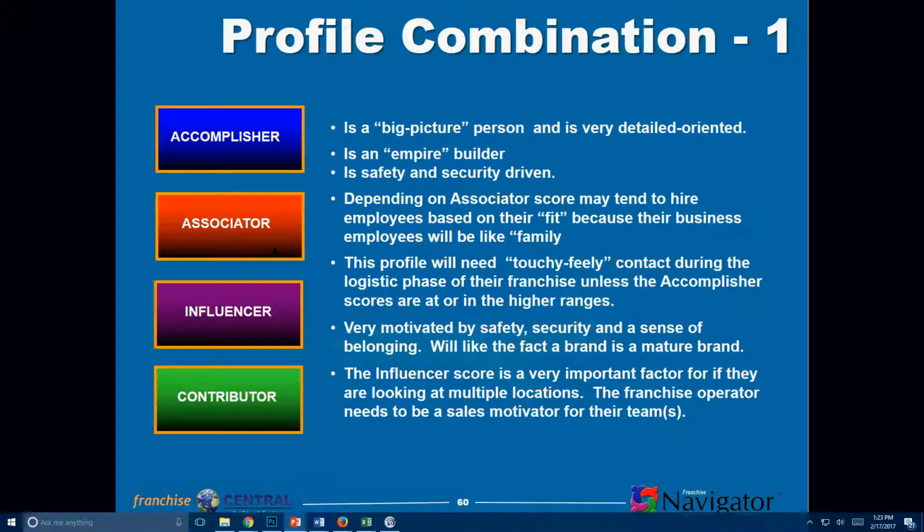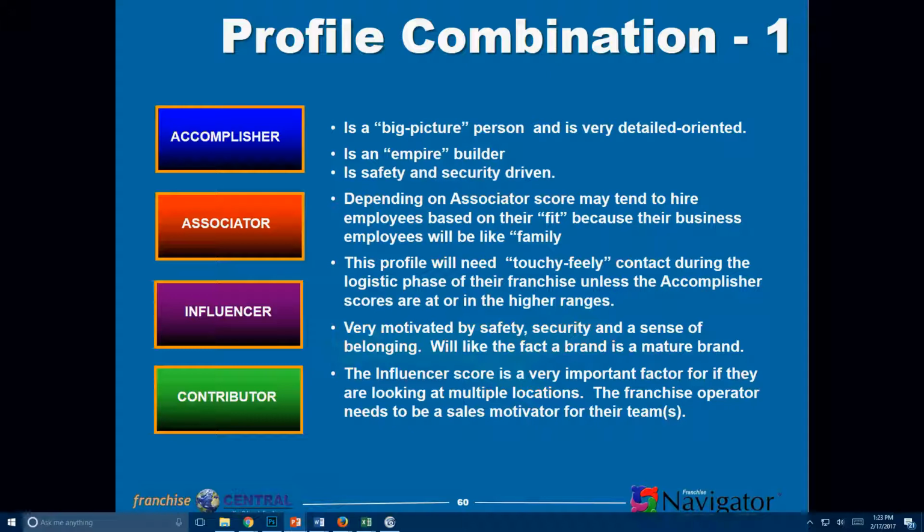So you have to look at the way in which these interface with each other. The profile will need a touchy-feely contact during the process unless the accomplisher scores are at or in the higher ranges. Then they don't need that touchy-feely. Very motivated by safety, security, and a sense of belonging.